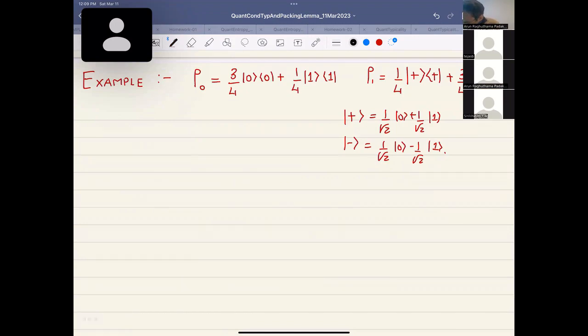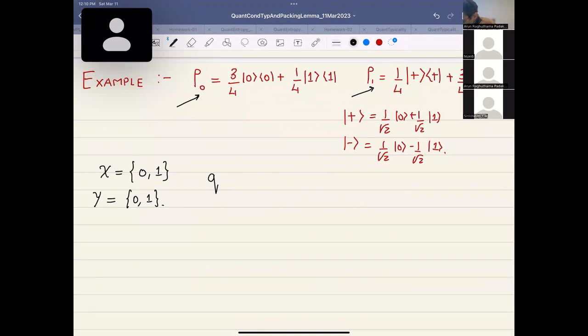Now, what is my x? My x is just the number of indices here. There are two indices, 0 and 1. Y is a set of indices for the entire space in which rho 0 and rho 1 live. In this case, it's just two-dimensional. So I can just say y is 0, 1, sorry.